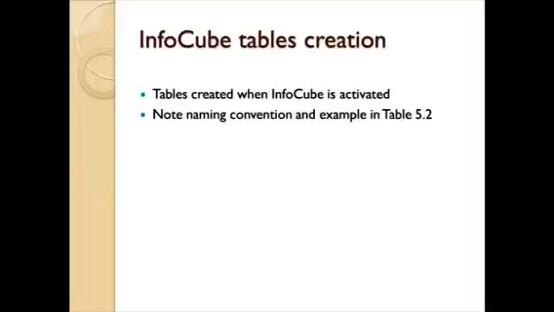Just try to understand that SAP BW uses a lot of surrogate keys to connect the individual tables. Okay, so rather than using real-world data, which takes a lot of space, they just use SIDs, which are very short, easy to process, and very efficient to connect a bunch of tables.